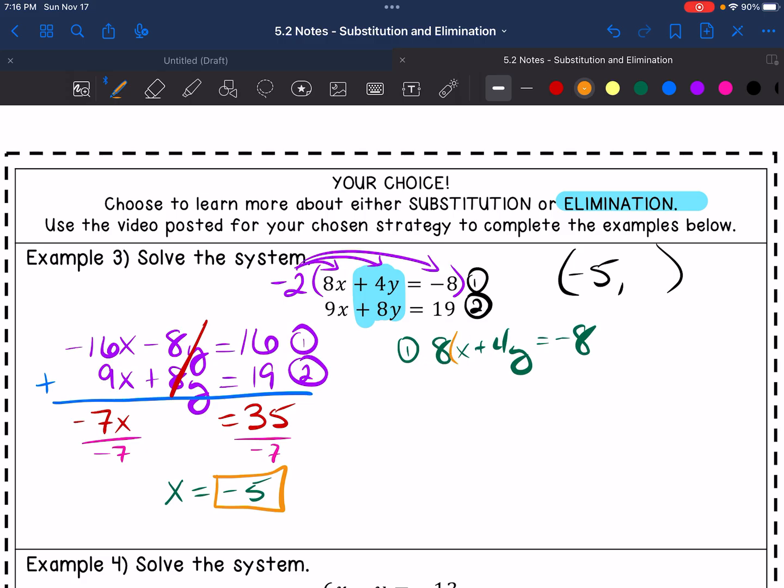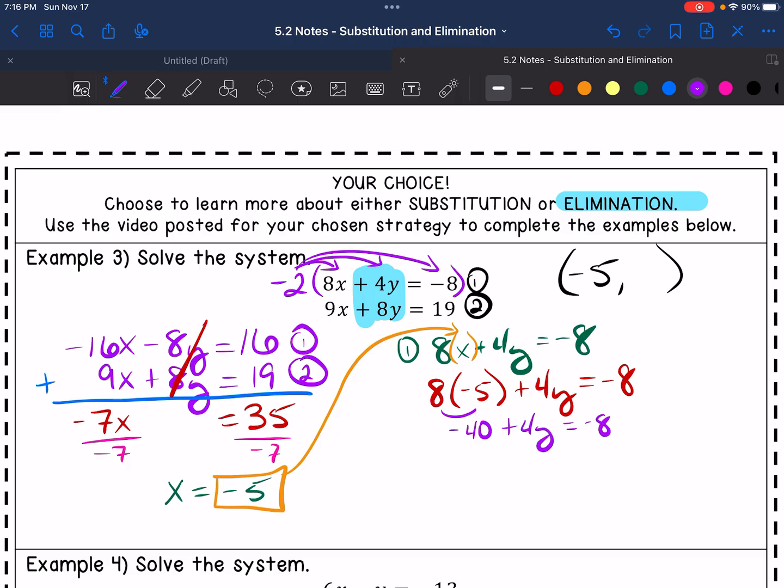And I'm going to replace my x with that -5. So this will be 8 times -5 plus 4y equals -8. Right, so going through and simplifying, 8 times -5 is -40, plus 4y equals -8. Next, I'm going to add 40 to each side.